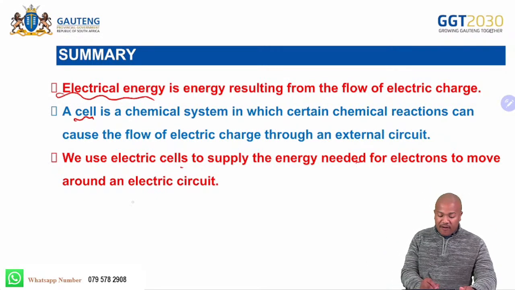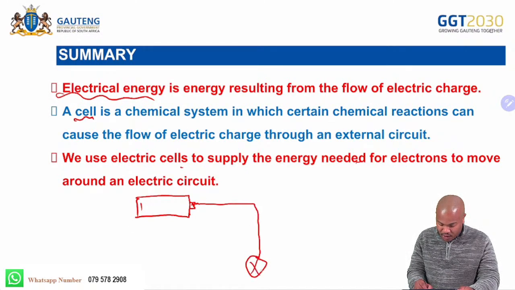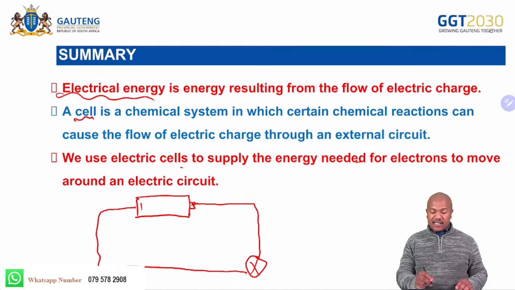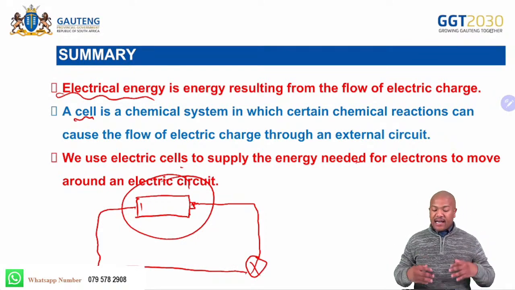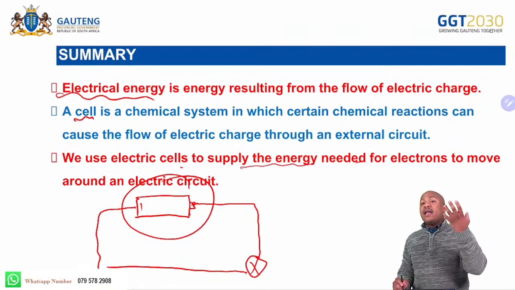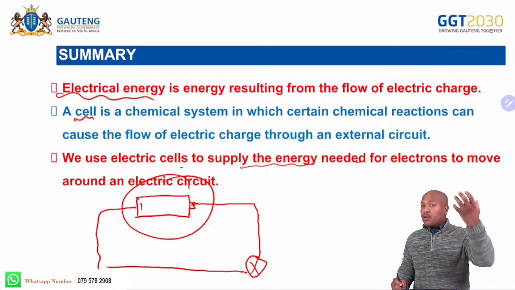So now, having an electric circuit, we have a cell with this positive terminal and negative terminal, and this is the whole circuit with a light bulb. We use this particular cell to get electrical energy, because they supply electricity, or they convert their chemical energy to electrical energy.